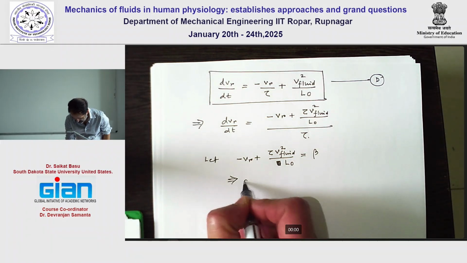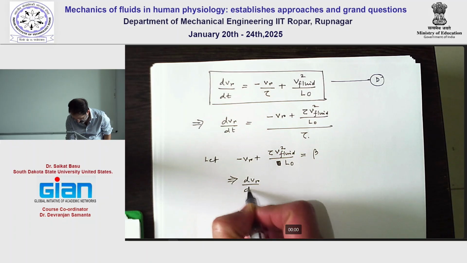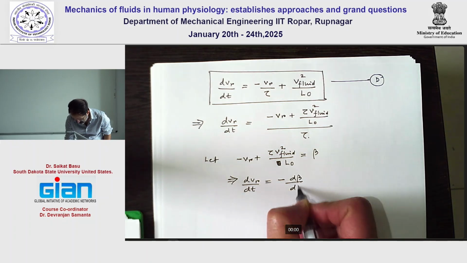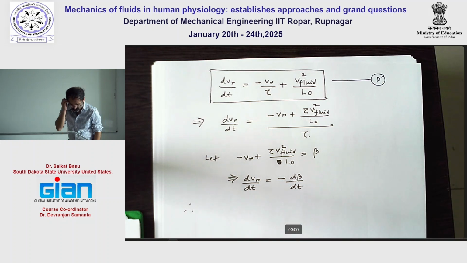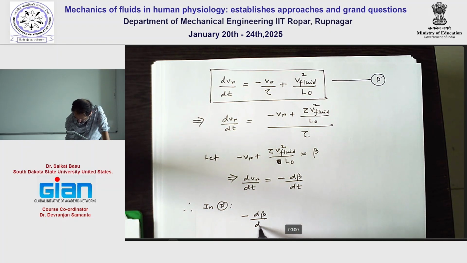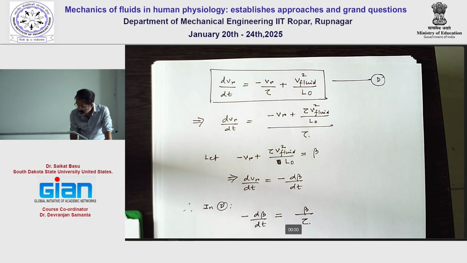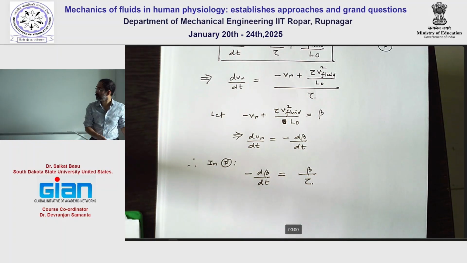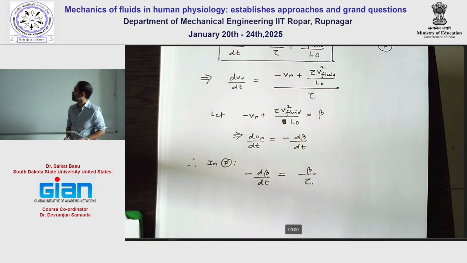So dVr/dt is minus d beta/dt. Therefore in D, we have minus d beta/dt is equal to beta over tau, right?